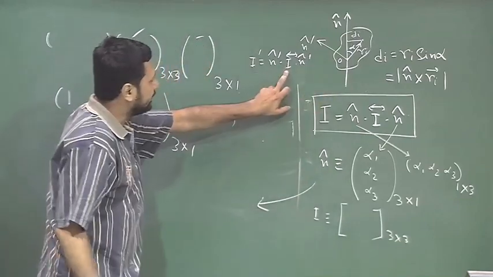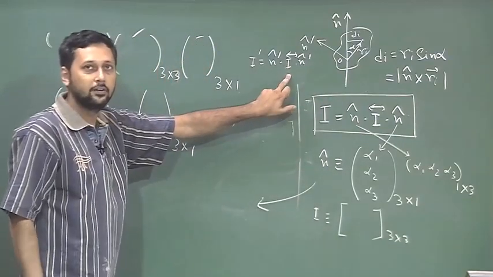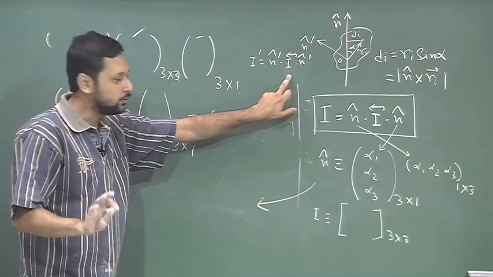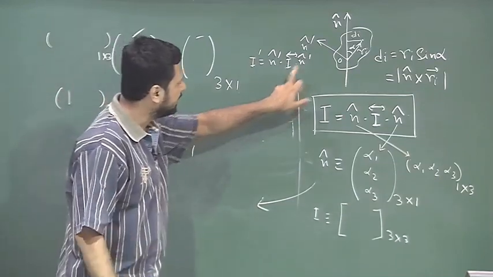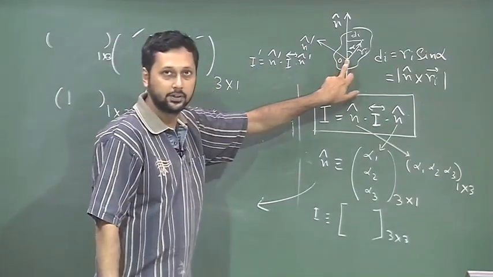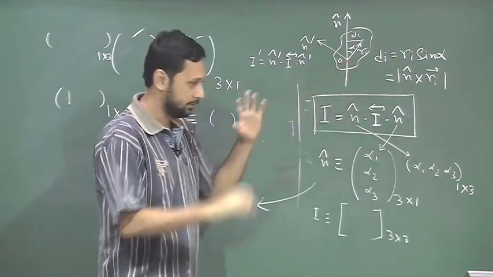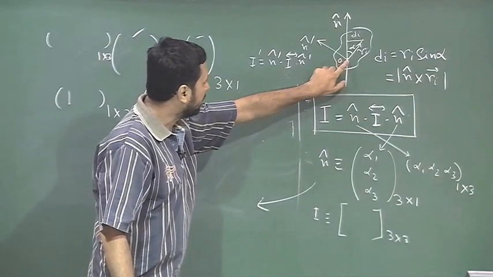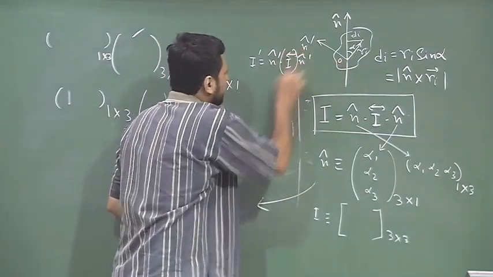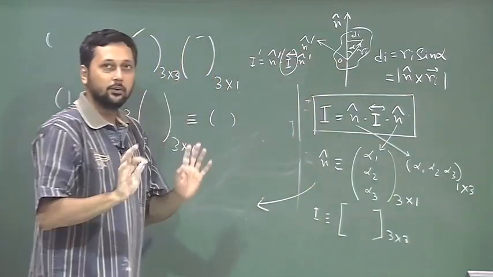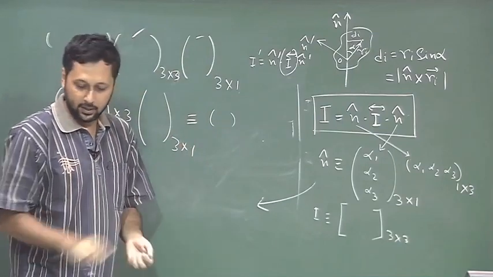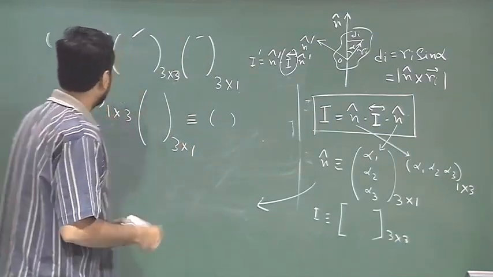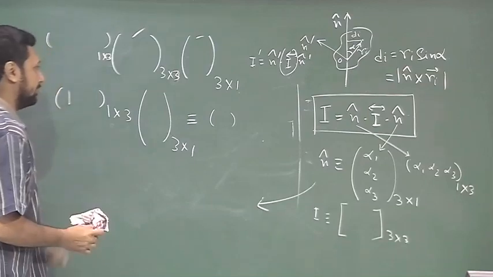So, this tensor I contains all the information you need to know about the moment of inertia with respect to this fixed point. When the rigid body is executing rotation about this fixed point, this matrix essentially contains all the information you want to know, right. So, this is essentially the idea of a tensor.